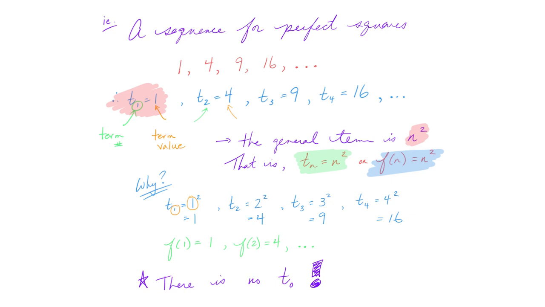You'll see the same thing in the next. To generate the second term means I have to sub 2 in. To generate the third term means I have to sub 3 in. To generate the fourth term, I sub 4 in, and so on and so on. And so the expression n squared allows me to calculate each term in the sequence.